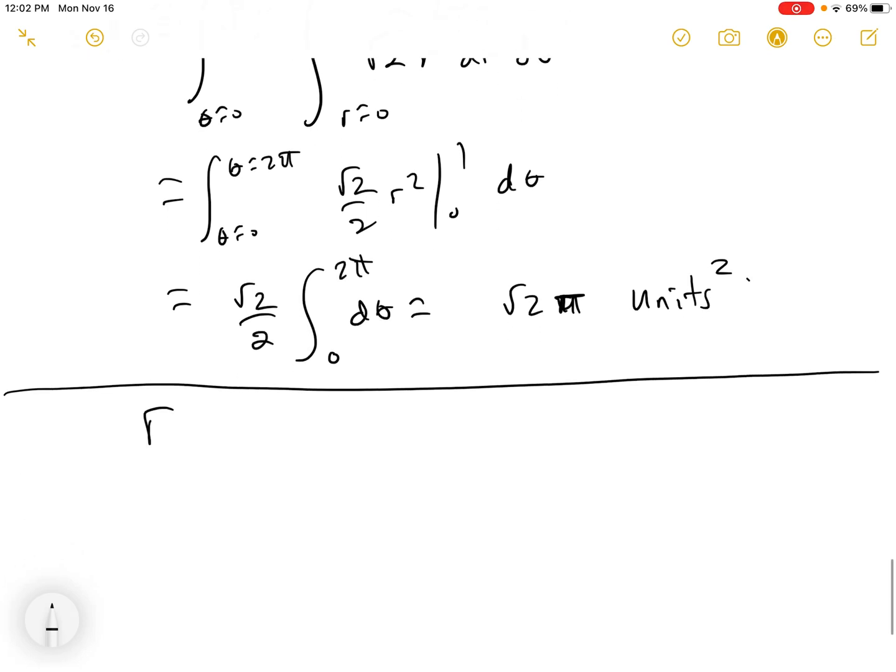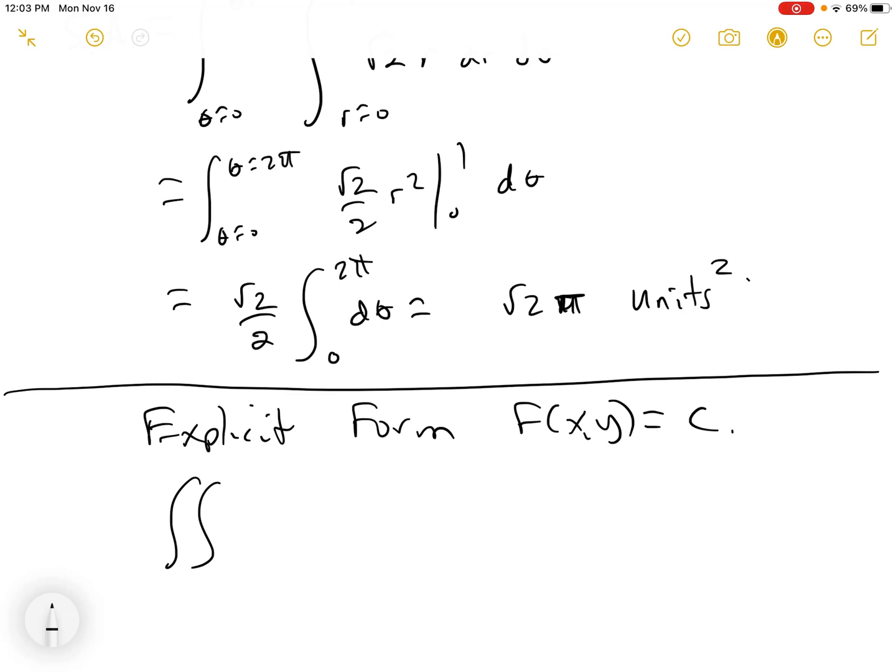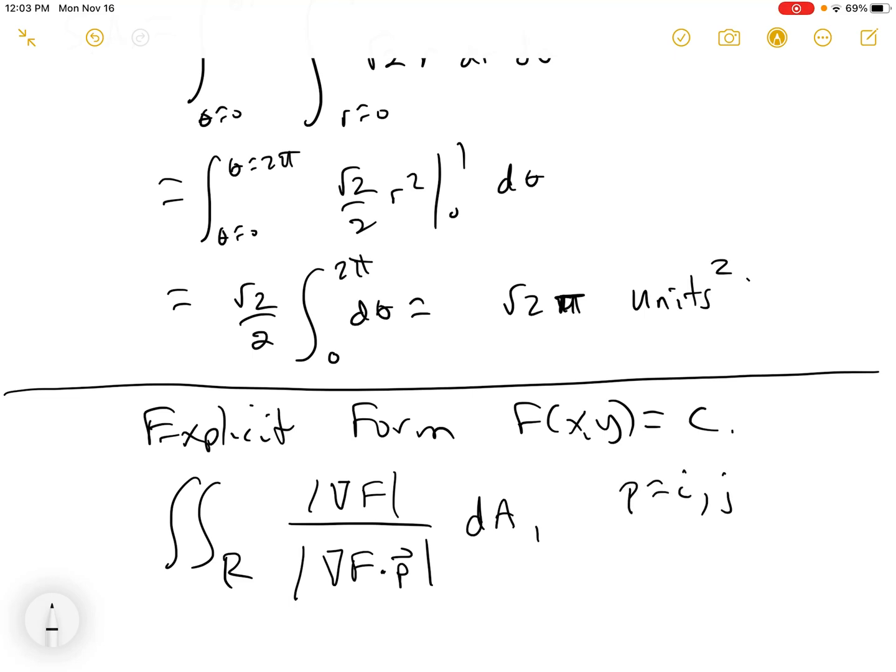Also, if you have an explicit form, say f of x y equals c or something for the surface, there is a formula for computing the surface area of that, which is the norm of del f over the norm of del f dotted with p dA, and here p is either i, j, or k.